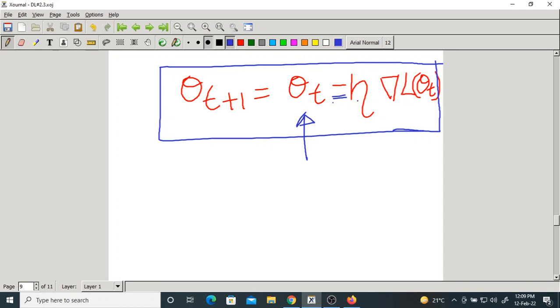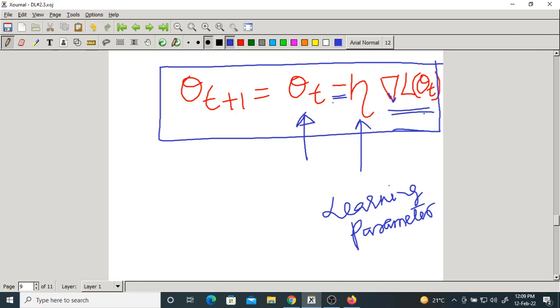How much away? By a factor eta. It is called the step, actually the learning parameter. So by this much amount, away from what? Gradient of the loss function.